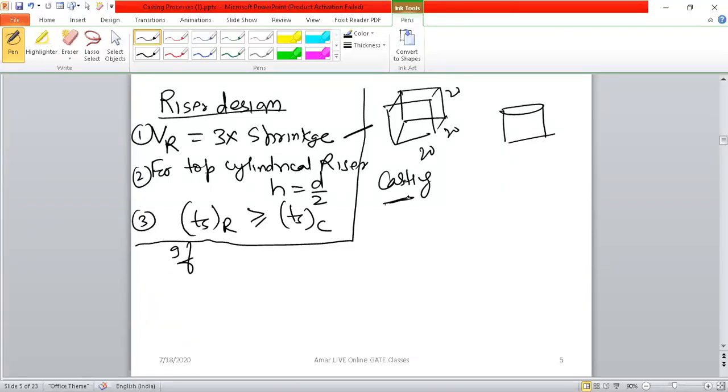So this is your casting and this is your riser. We have to design a top cylindrical riser. By default, we know if we choose height H and diameter D, then H must be equal to D by 2 for the top riser case.